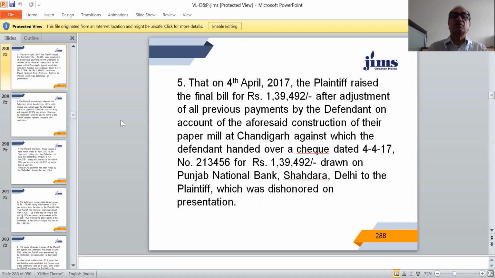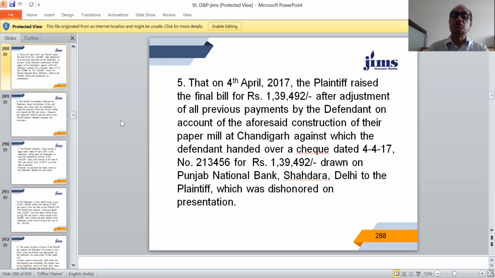Para 5, that on 4th April 2017, the plaintiff raised the final bill of rupees 1,39,492 after adjustment of all previous payments by the defendant on account of the aforesaid construction of their paper mill at Chandigarh, against which the defendant handed over a check dated 4th April 2017, bearing number 213456 for rupees 1,39,492, drawn on Punjab National Bank, Shadra, Delhi, to the plaintiff, which was dishonored on presentation.